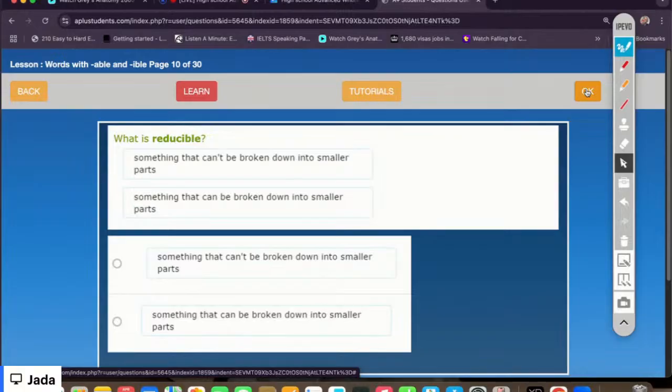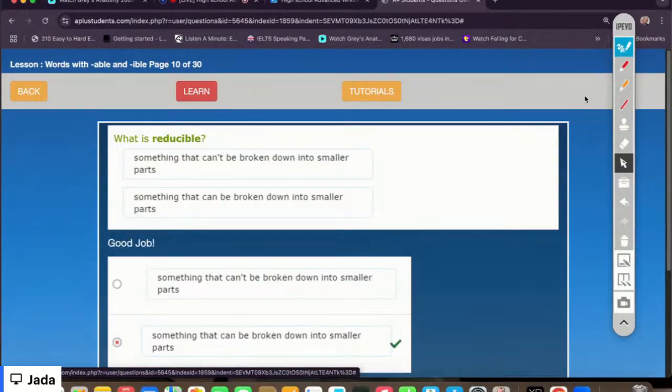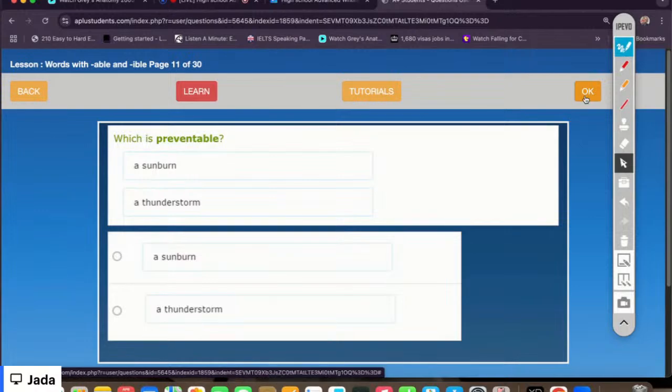All right, something that is reducible is something that can be broken down into smaller parts. Okay, so which is preventable?